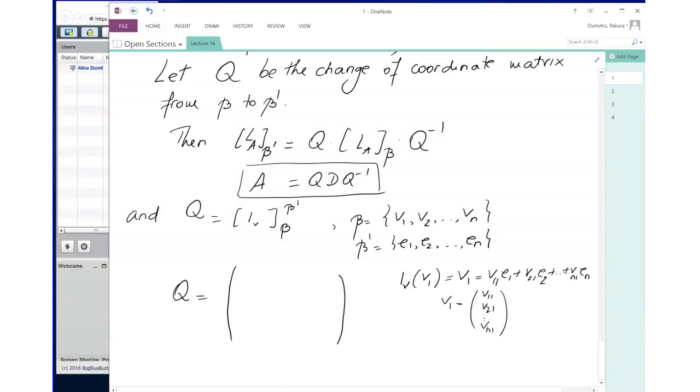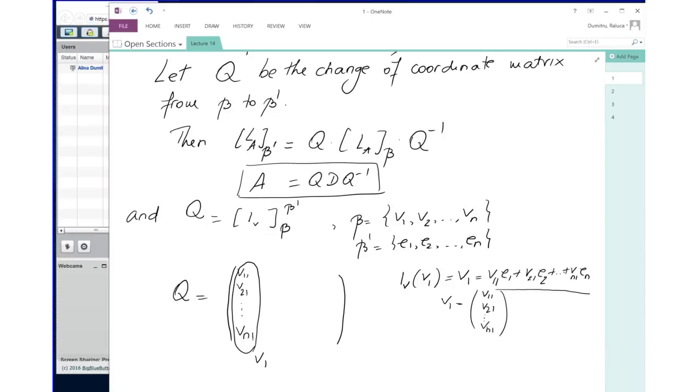Let's say those are the entries. So V1 expressed in the standard basis looks like this. So the first column is this. Who is that? Well, it's exactly V1, V1 placed vertically in the first column.